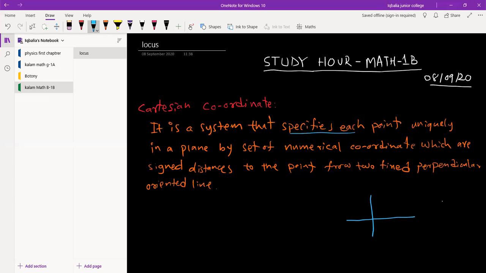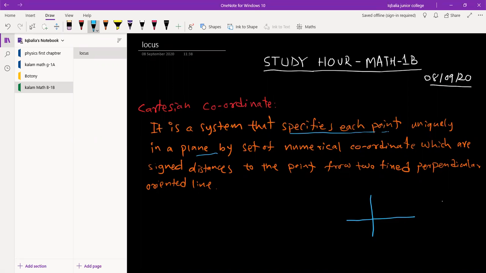Cartesian coordinate is nothing but a system that specifies a point uniquely in a plane. Suppose this is our plane, and it specifies by numerical coordinates.